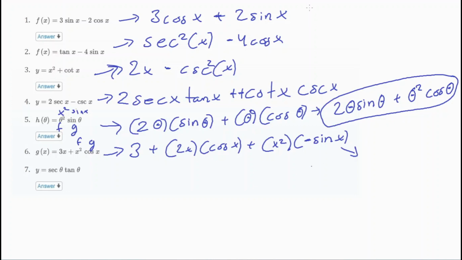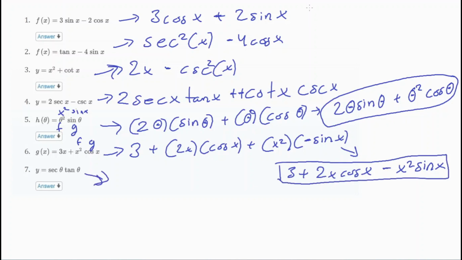So we could rewrite this as 3 plus 2x cosine x minus x squared sine x, because the negative sign carries over. So that would be our derivative right there.